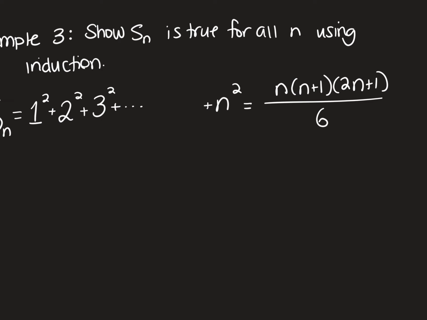What I want to do is sort of add something in because it's going to help us down the road. The way this is written, it starts at 1 and goes up to n. But I want to look at what's right before the nth term. So if we're looking at the sum of 10 terms, the term right before that is going to be the 9th term, or the 10 minus 1 term.